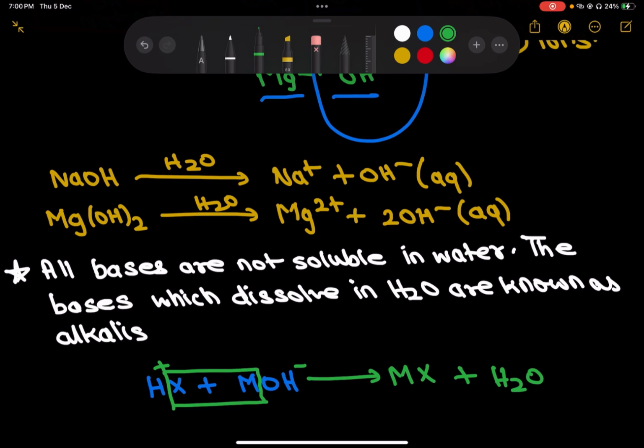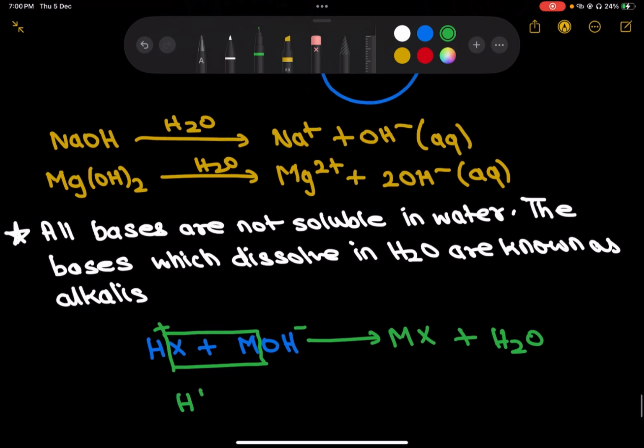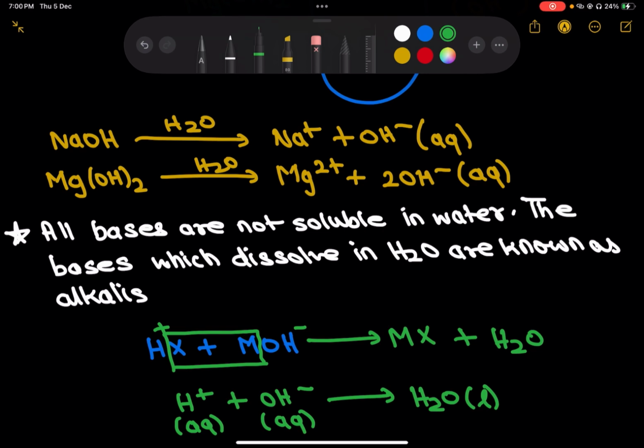I'll write it separately: H plus plus OH minus, both aqueous, form H2O. H2O is a liquid, correct? So this is the basic mechanism of a neutralization reaction.